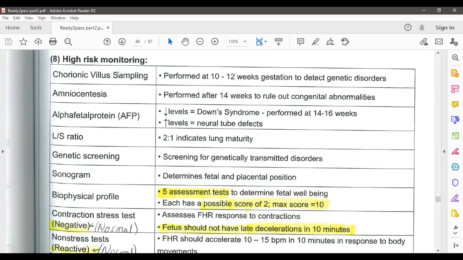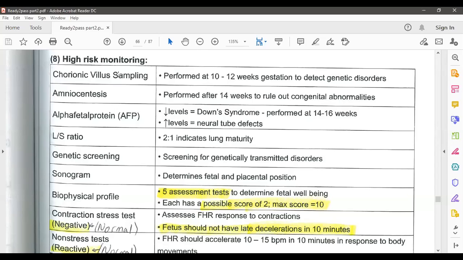What it is, when it is done, the key advantage of this procedure, and what the complications are, we have to know.